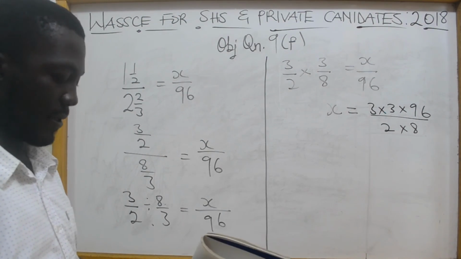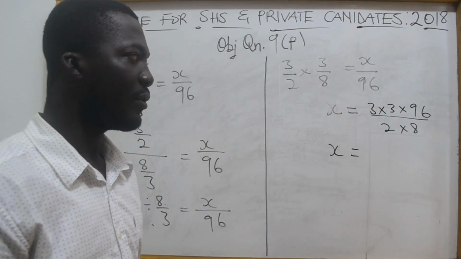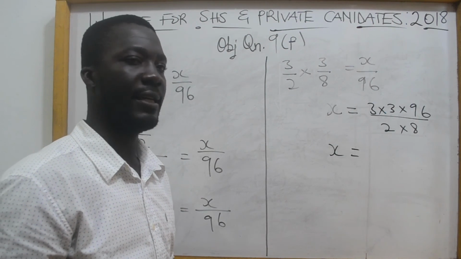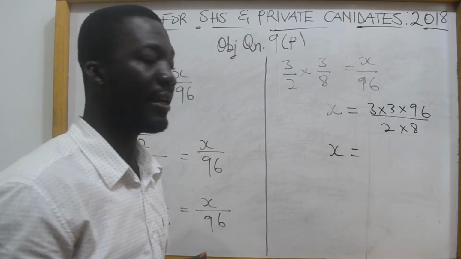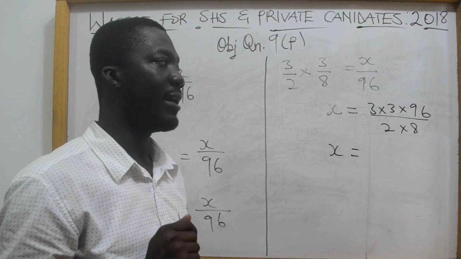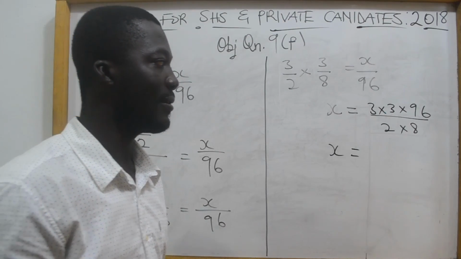Let me see. 2 times 8 is 16, and 16 into 96 is 6.